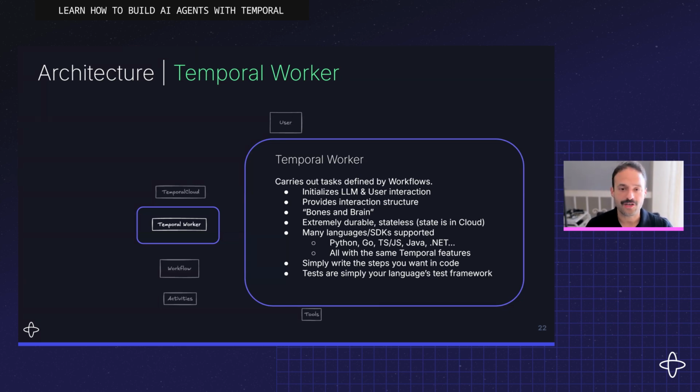That way, if you have particular security requirements or you really want fine-grained scaling, Temporal workers are what actually do the tasks that you define. They are the bones and the brain. They're durable and stateless. They persist state back up to cloud, which makes them very failure proof. And Temporal workers are what run all those different runtimes for all the different languages we support.